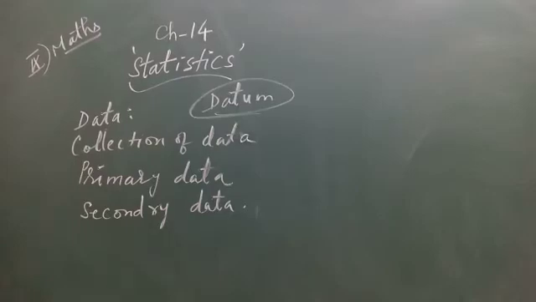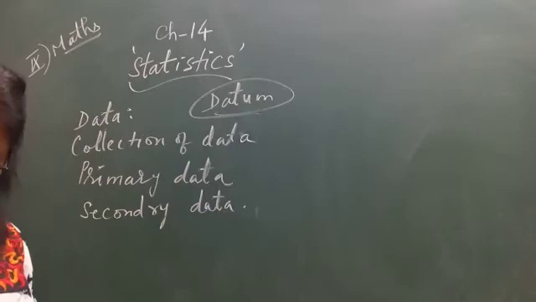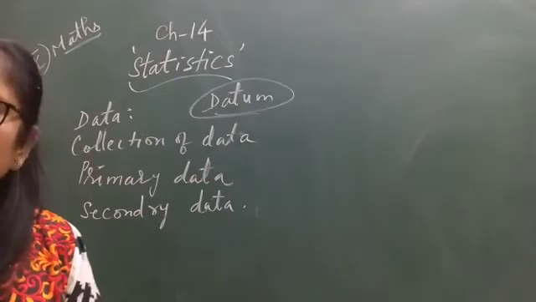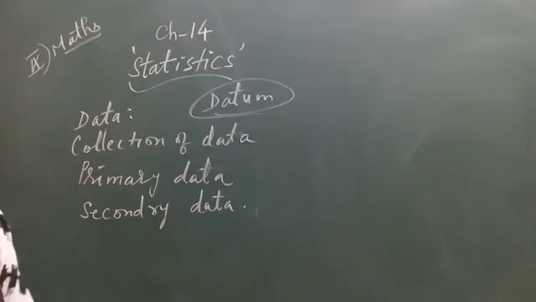It is called data. Now what is statistics? Statistics is a branch of mathematics in which the extraction of meaningful information is studied. So stat deals with collection, organization, analysis and interpretation of data.